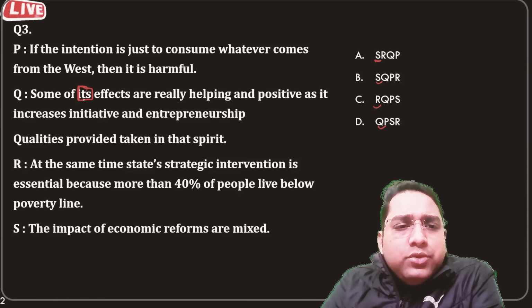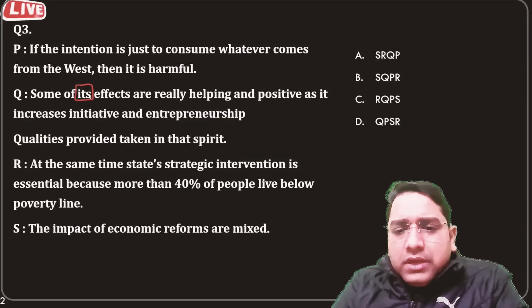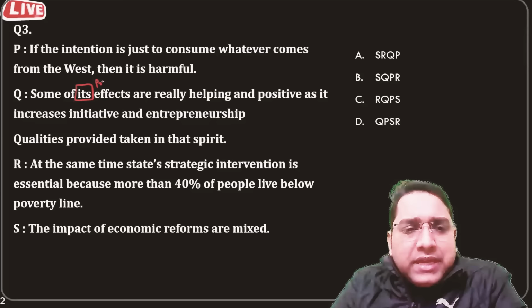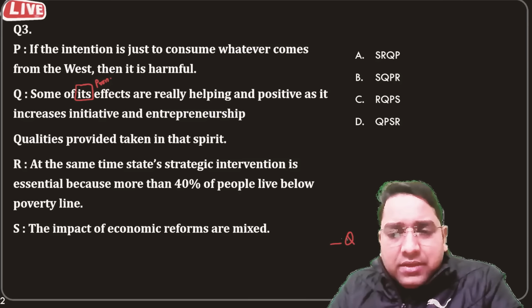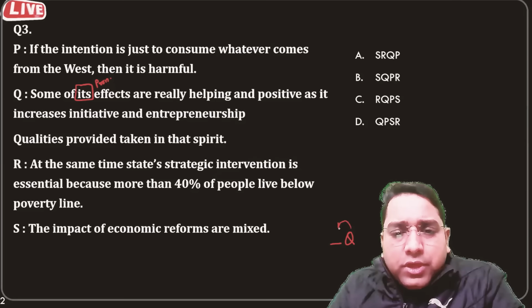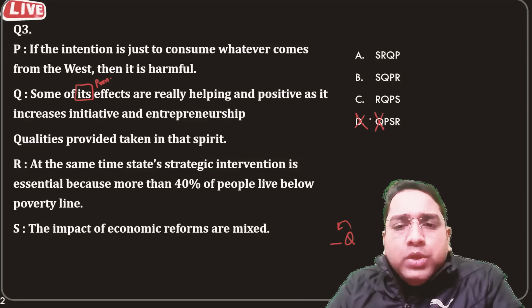Do you know what it is talking about? "Its" is a pronoun, and it refers to something we do not know. That means there has to be one line before this line. There has to be something before Q. That means Q cannot be the first line. We ruled out this option.